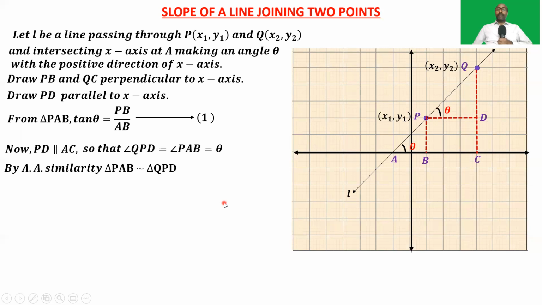Now, we know that in similar triangles, the ratio of corresponding sides is equal. So PB by AB is equal to QD by PD. But already I explained that QD is equal to QC minus DC, which is equal to y2 minus y1.